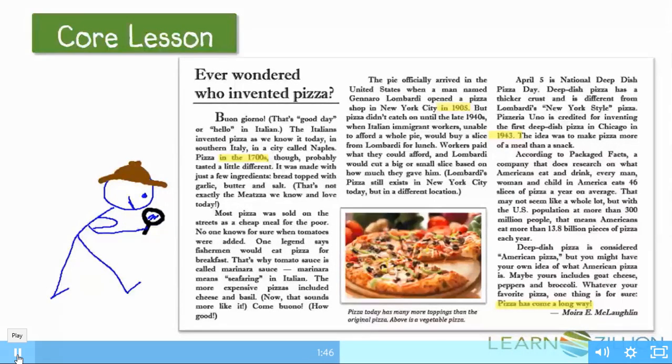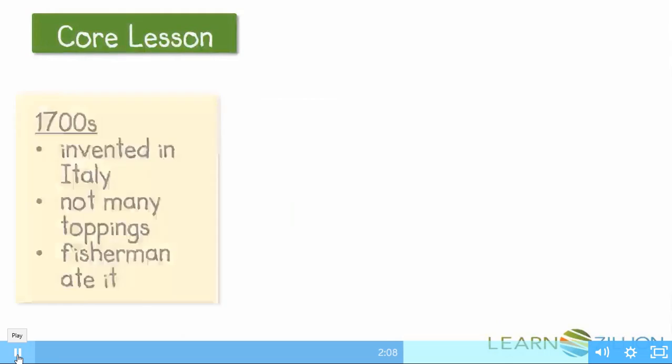I can use the text structure to help me organize what I learned. I could put all of the things that I learned about pizza in the 1700s together, all of the things I learned about pizza in the 1900s together, and all the things I've learned about pizza today together. It helps me put the information into categories based on the structure the author used. So I can try that.